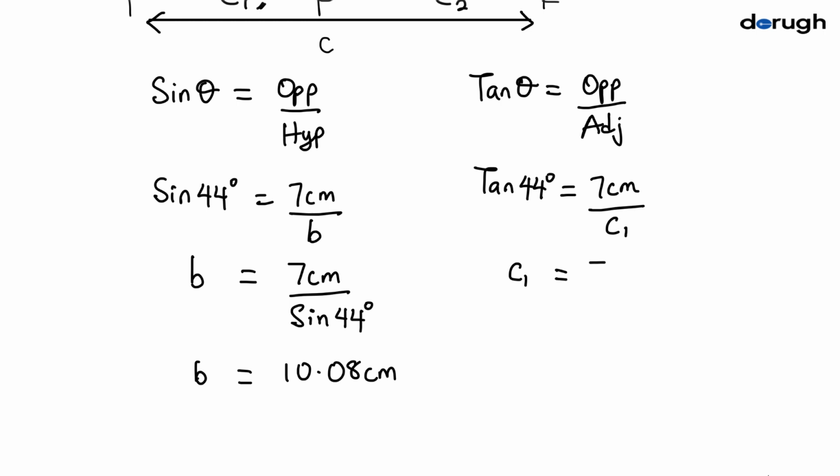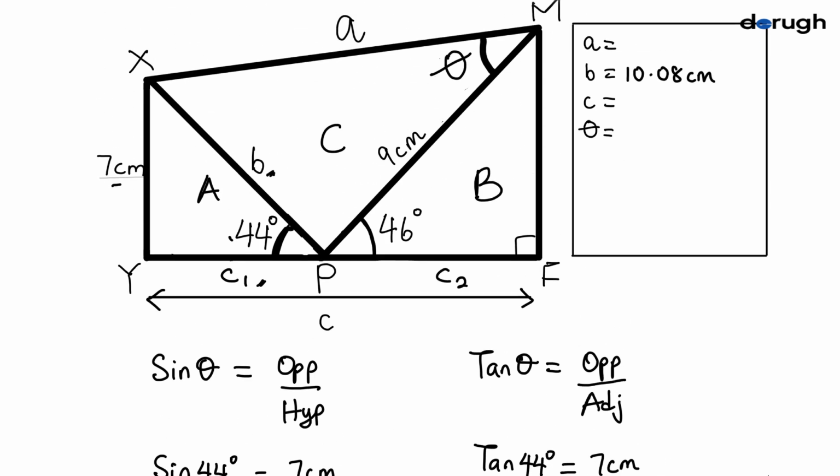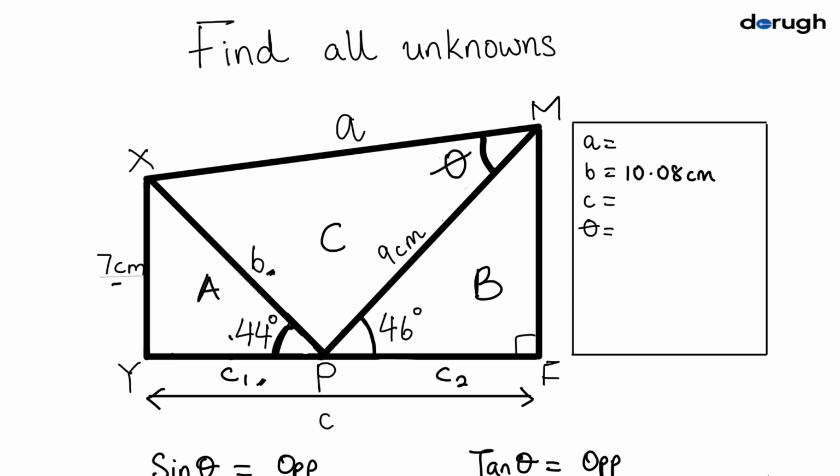C1 equals 7 centimeters divided by tan 44 degrees. When we calculate that, we have that C1 is 7.25 centimeters. We're going to go back up here and fill it out.